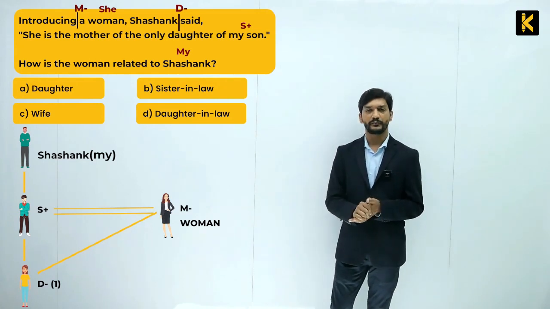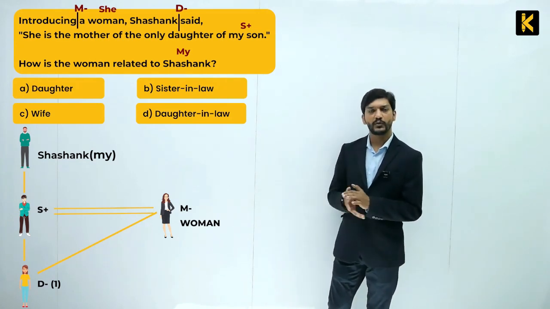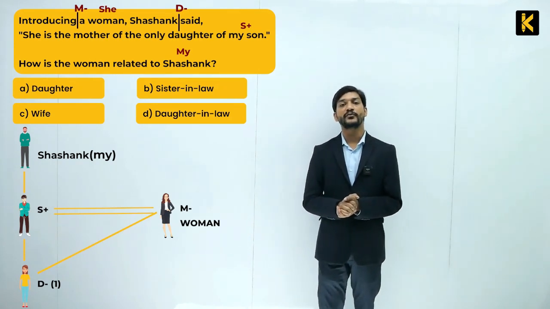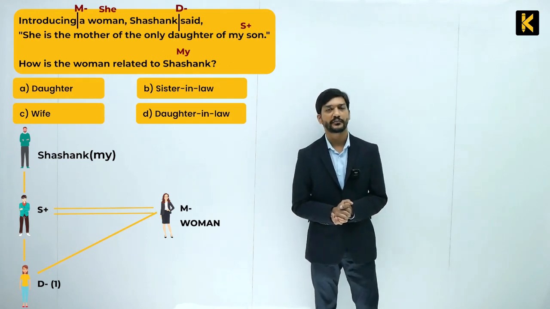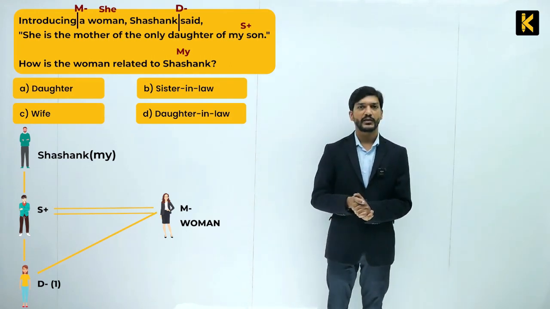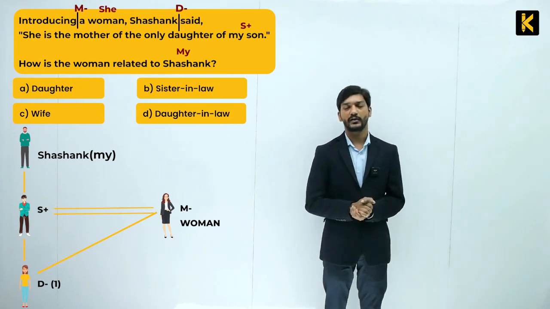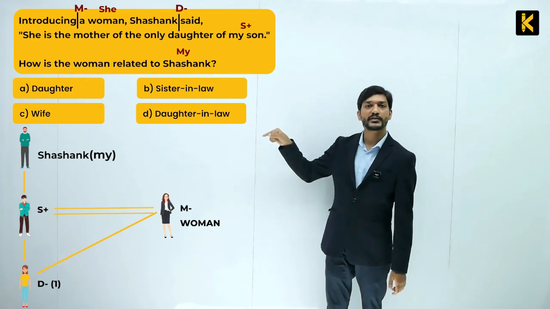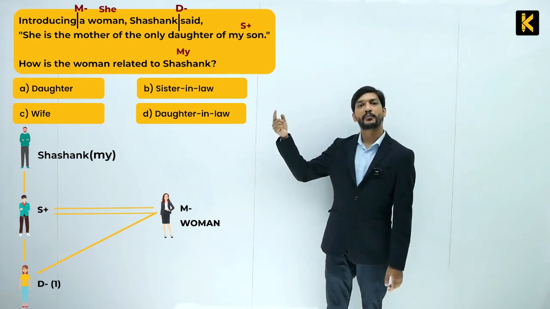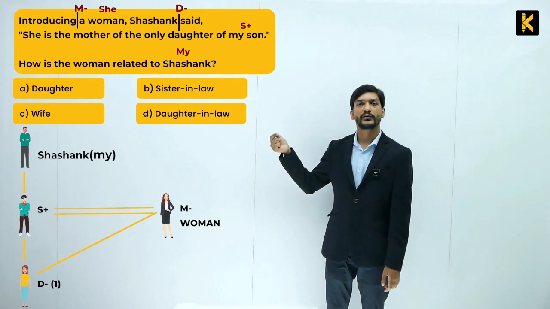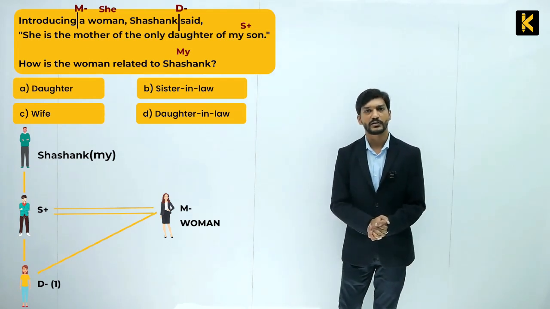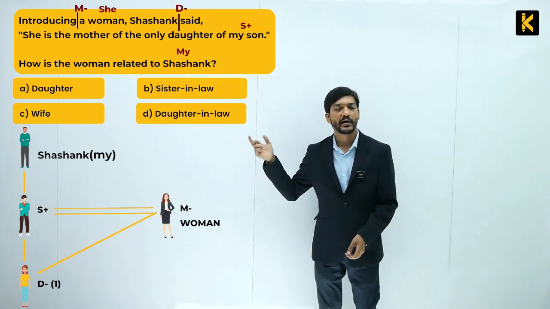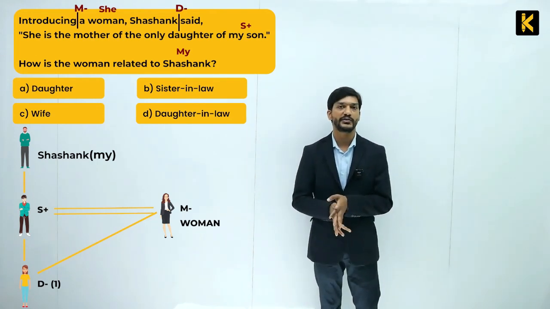Okay. Now, so they both are a couple. Now, what is Shashank? Shashank is the father of S plus. Clearly visible. Shashank is the real father of S plus. So if Shashank is the father of the husband, that means he will be the father-in-law of the wife. Yes or not? So Shashank and the wife, which is M minus, share an in-law relation.